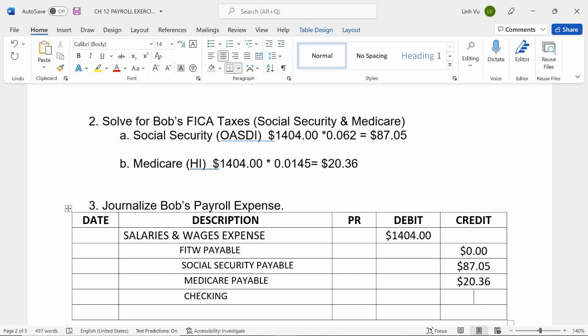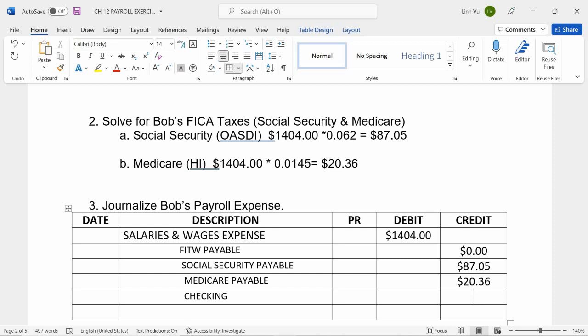So we need to calculate it, all of them. Why are you adding tax to the amount that he earned? Okay. Is that how you get paid?